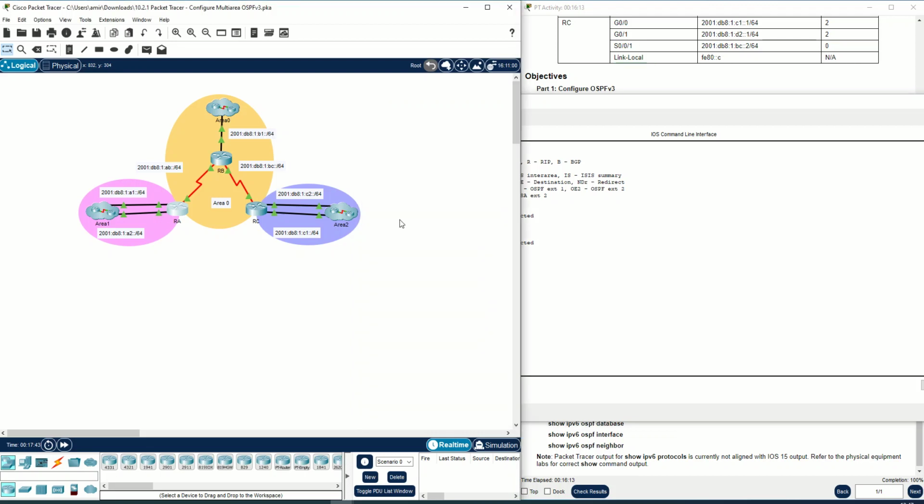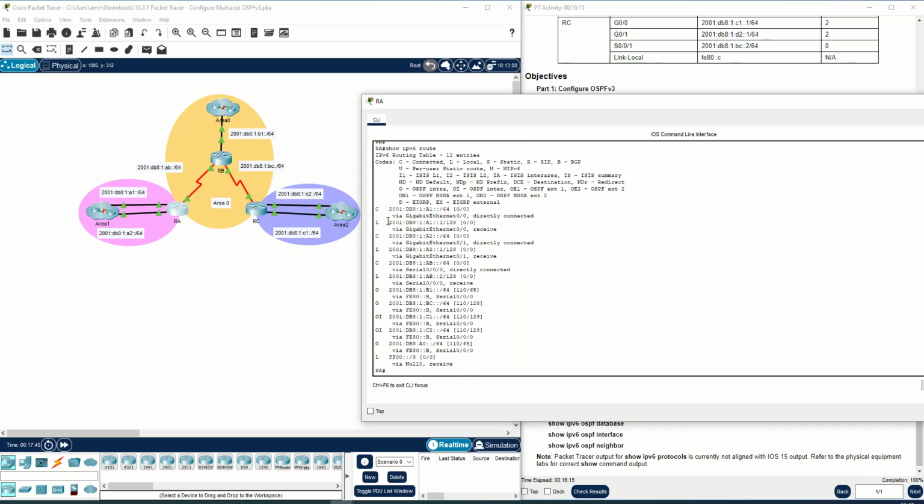Local is a network address connected to RA. We have 3 network addresses here. You can see 3, 1, 2, also 3, and also 4 here.